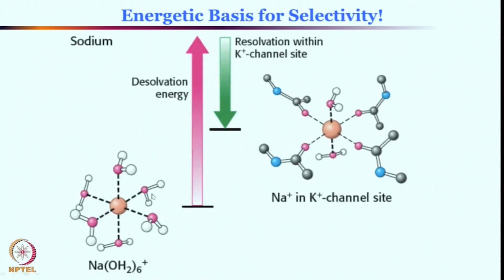The size cannot be shortened because the water molecules cannot be released. Therefore, we see that potassium, having higher atomic radii but an easier ability to remove these water molecules because the hydration energy is less, is selectively able to go through this channel.